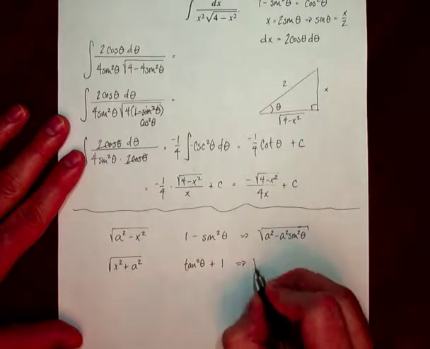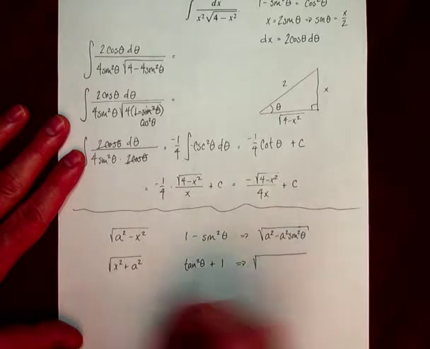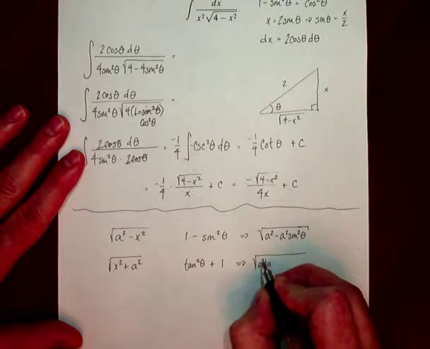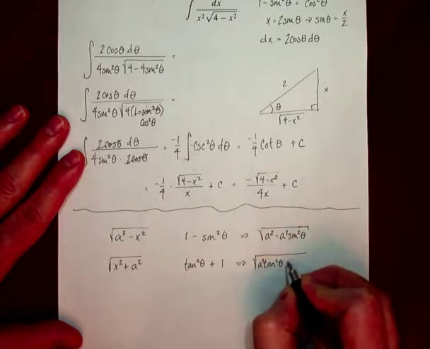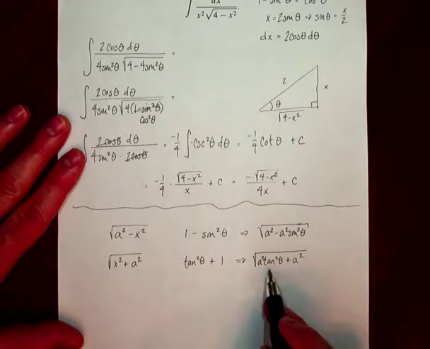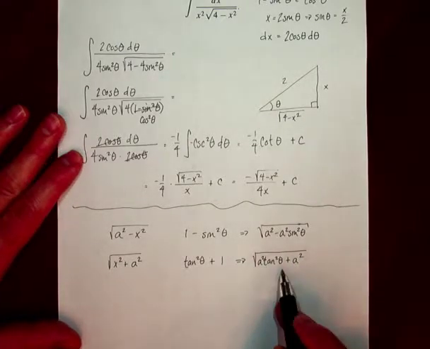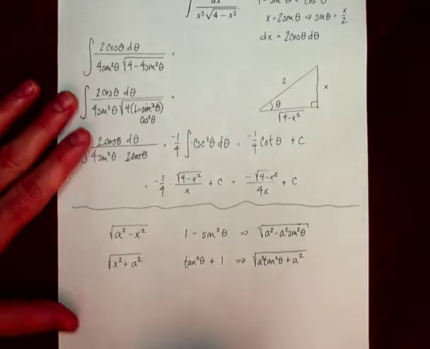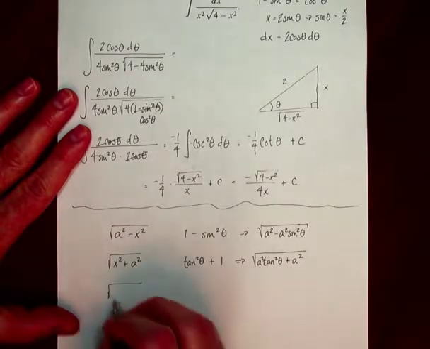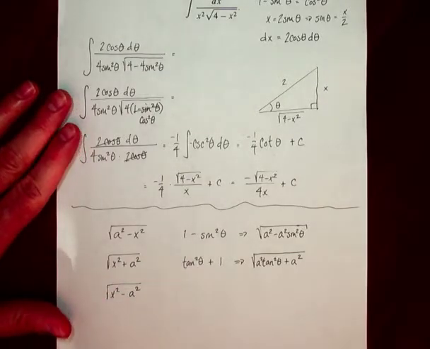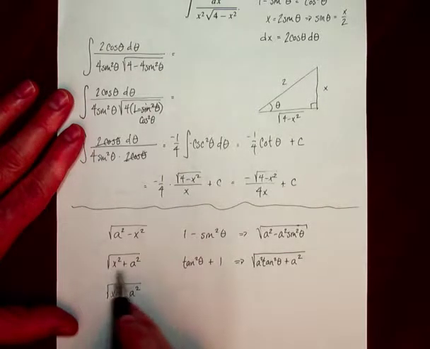And so what you need is you need to substitute in for x such that we're going to get a squared tangent squared theta plus a squared, such that you can factor the a squared out and transform the binomial of tangent squared theta plus 1 into secant squared theta. And the last one, of course, is going to be x squared minus a squared. Because, of course, with the previous one, it doesn't matter if you reverse the order, right?